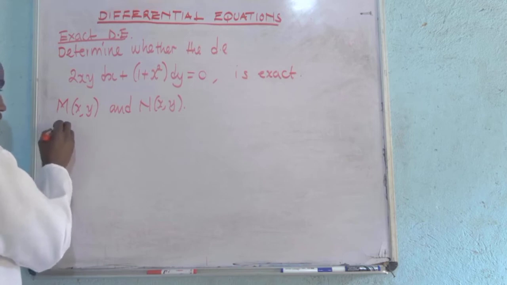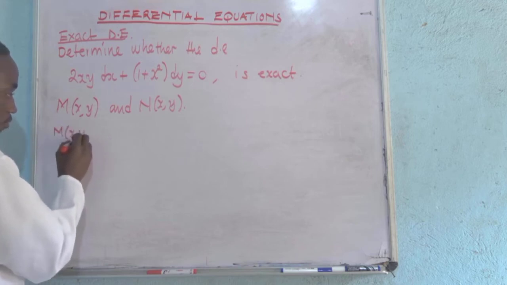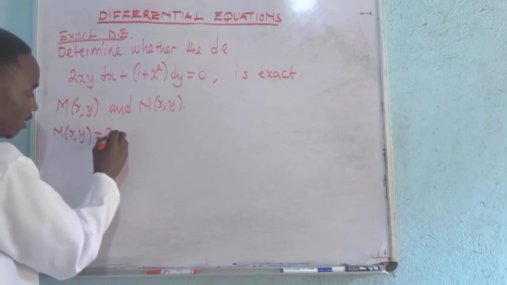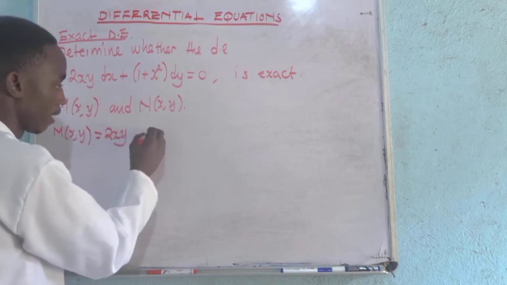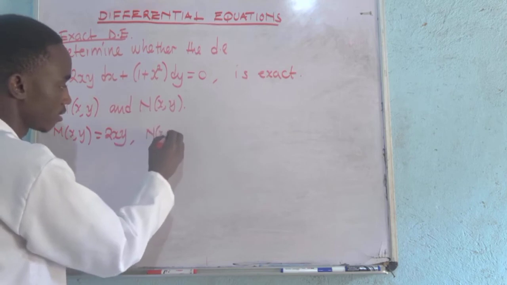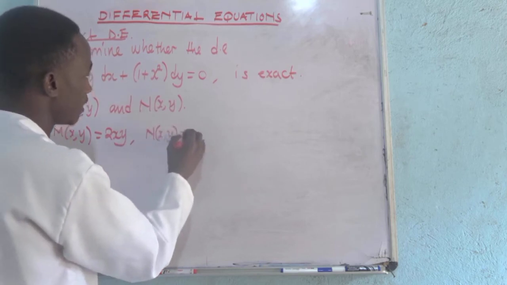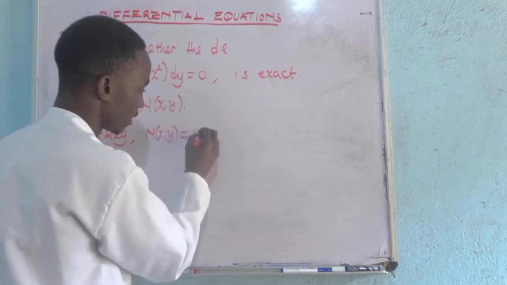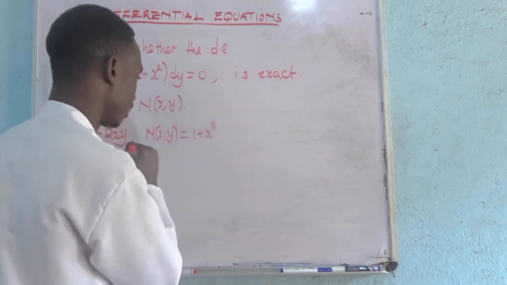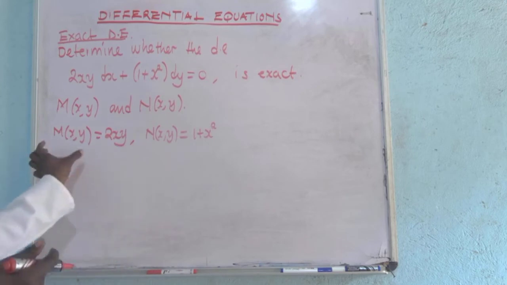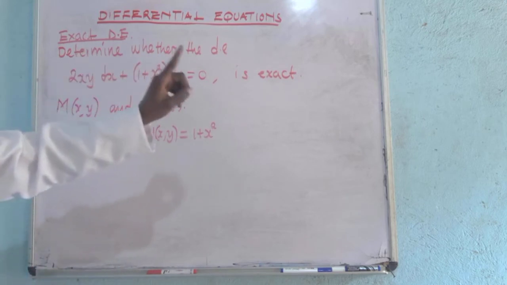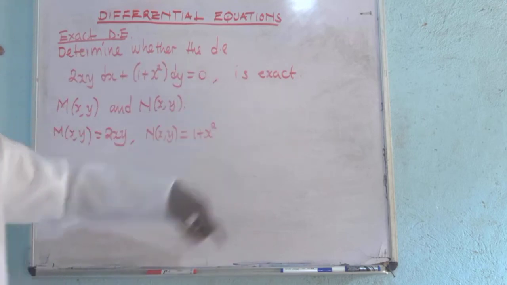Therefore, I can simply say M of x, y is equal to 2xy, and then N of x, y is equal to what you have here in the brackets. Okay, so this is what you have. This is from the classifications.